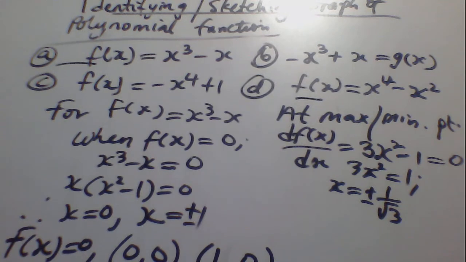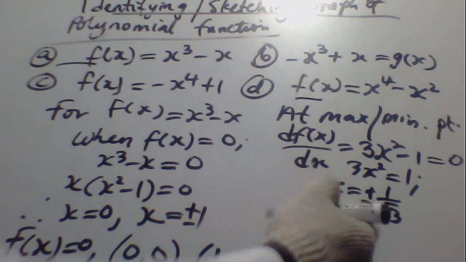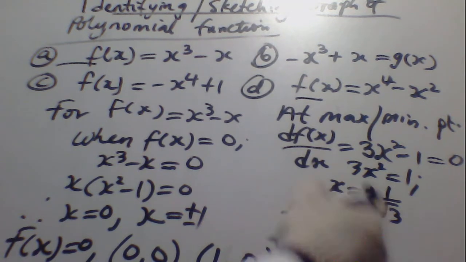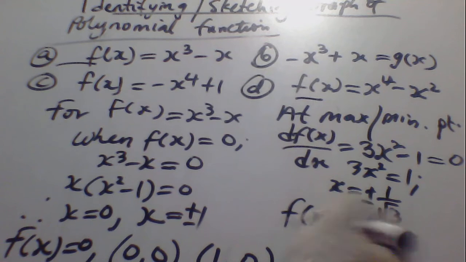Put this value in the function. Substitute this value into the given function in order to find the y value of the function at the turning point. So here we have f of x, I substitute plus 1 over root 3.